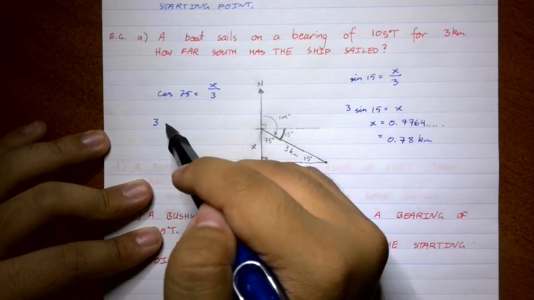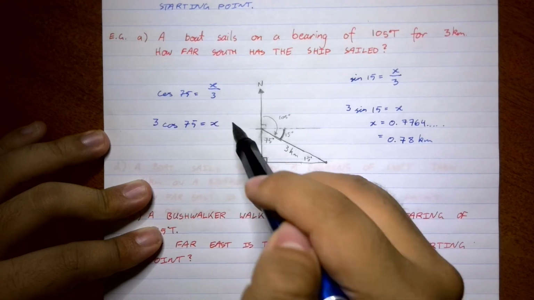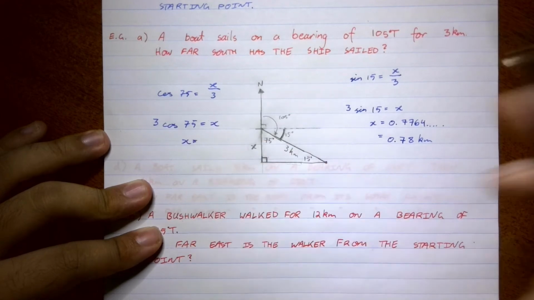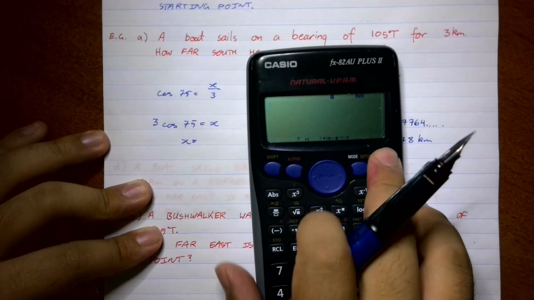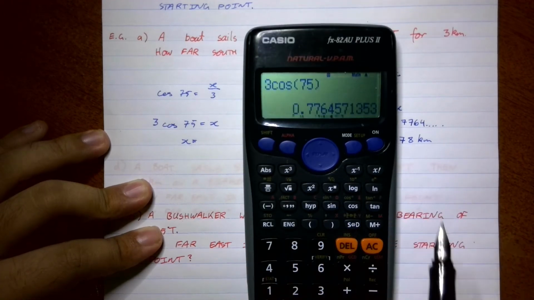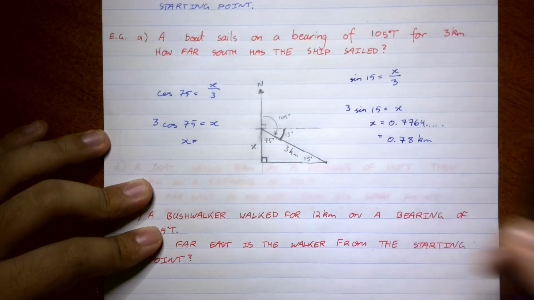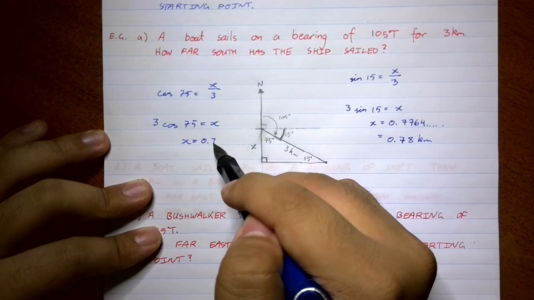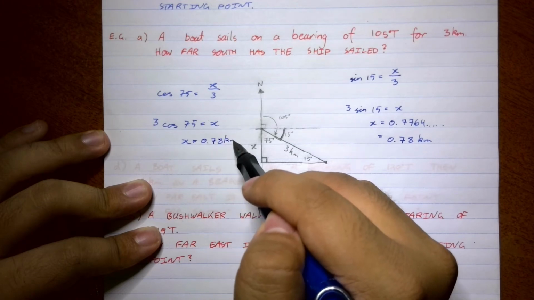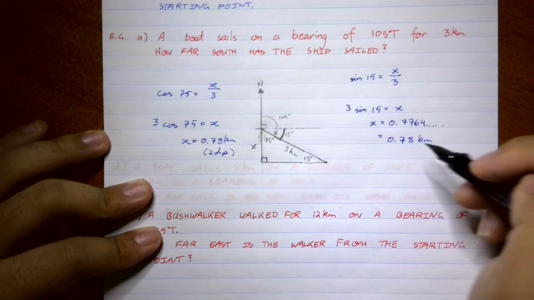Multiplying both sides by 3, we get 3 cos 75 equals x, which tells us x is equal to, using our calculator, 3 cos 75. And what do you know? We get the same answer, 0.78 kilometers. This is to 2 decimal places.